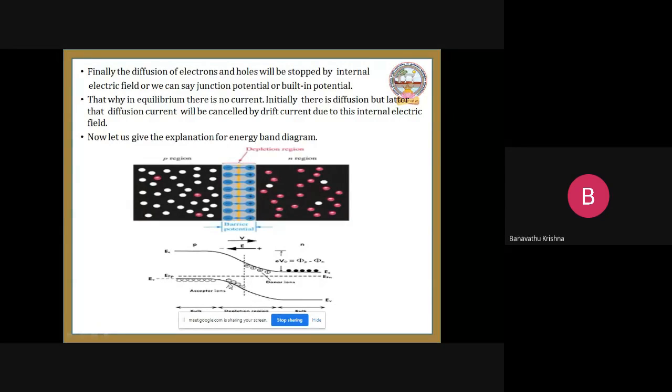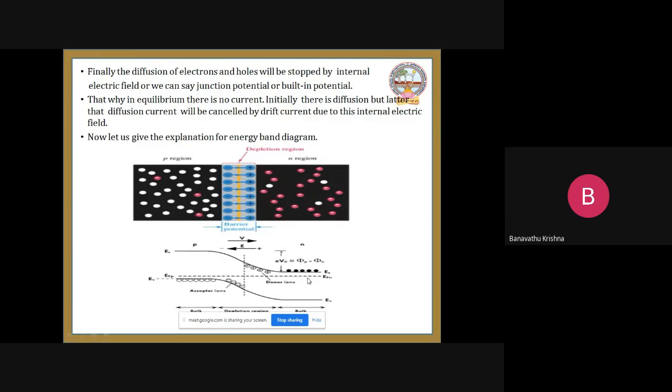So this bending occurs. Okay, this is the energy band diagram. At a certain point, the concentrations of the N-type and P-type materials are equal, so the Fermi level energy is equal.